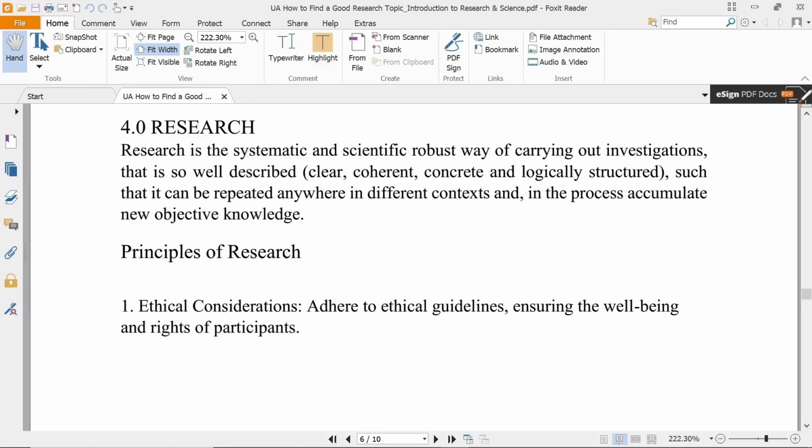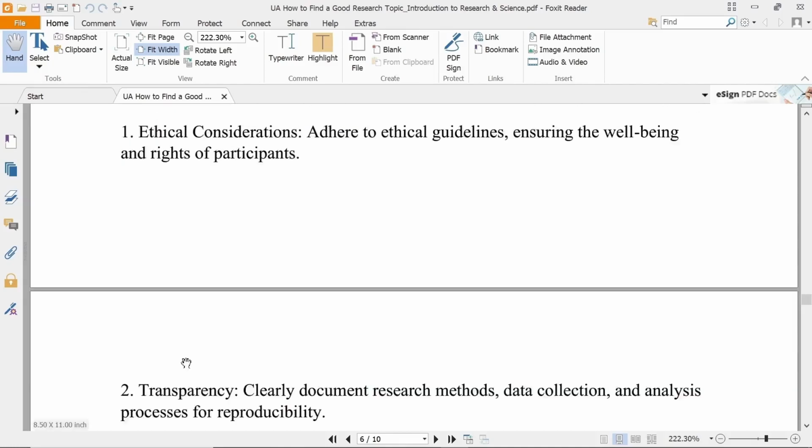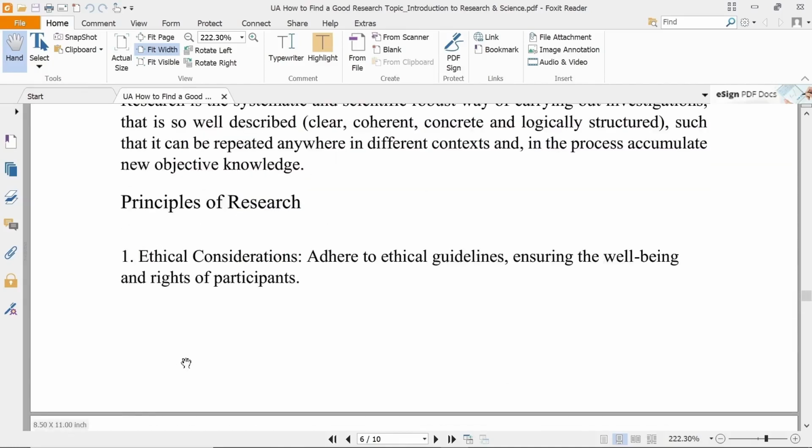Principles of research. The first principle is ethical consideration. This is adhering to ethical guidelines, ensuring the well-being and the rights of participants. So you have to have some ethical consideration in any research.